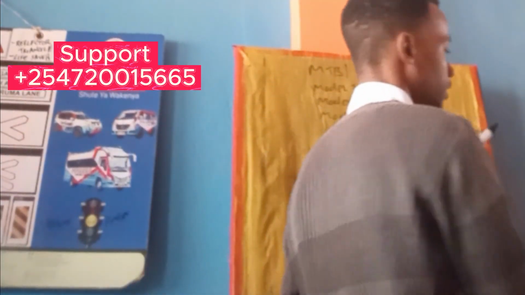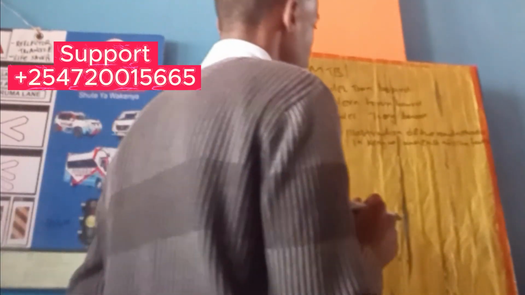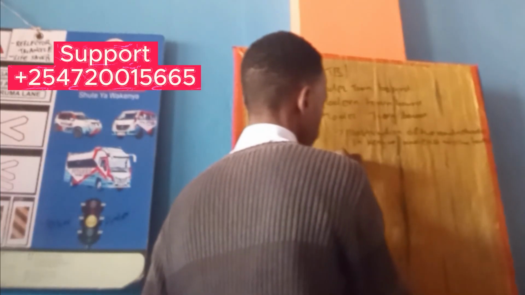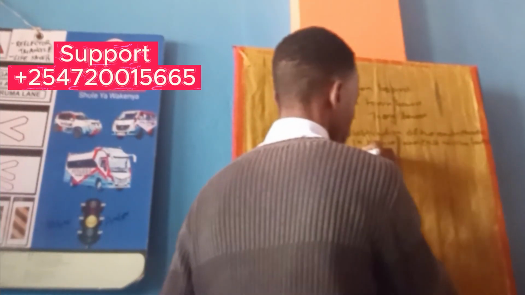Illustration of the road networks in Kenyan and East African towns. So tunaangalia hizo features of the parts.